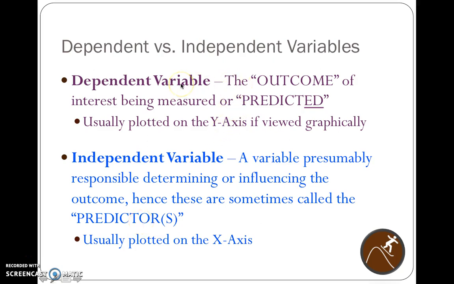So a dependent variable is the outcome of interest that is being measured or predicted. In the case of the health sciences, sometimes that might be the frequency of disease or the life expectancy or the number of cancer cases per 100,000 in a given county, and then you might have all the counties in the United States. So we're usually focusing on a health outcome, but that's not necessarily what you have to focus on.